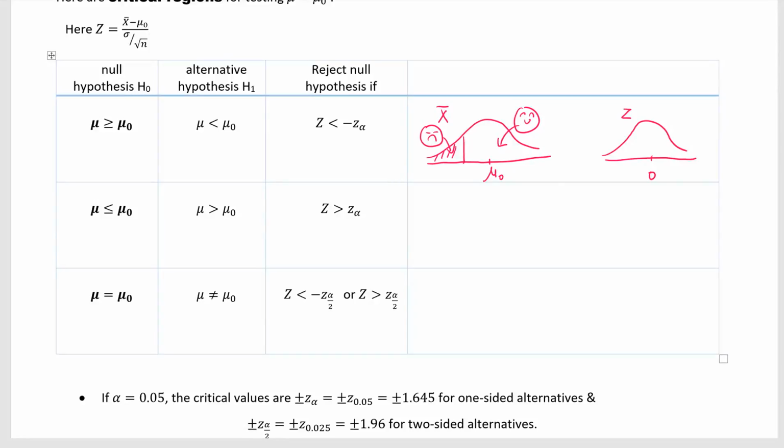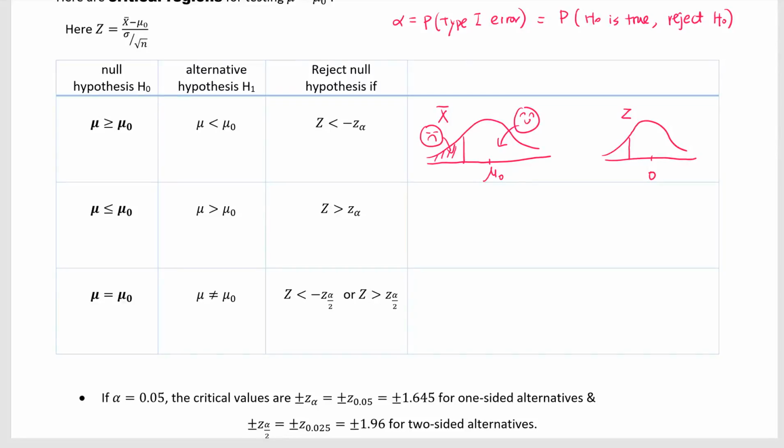Okay, so if we transform into the other picture here, so this guy will tell us, okay, also think about what's the type 1 error? So alpha is the probability of type 1 error. Okay, so that's the probability that the claim H0 is true, but we reject it.